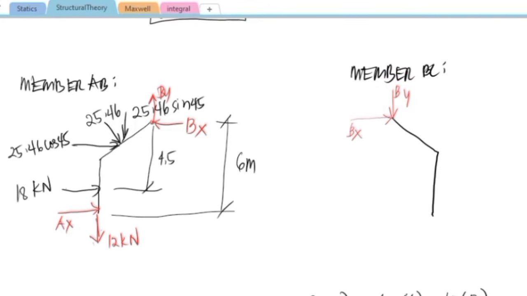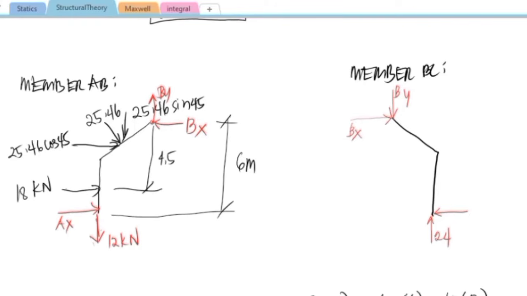And for the reaction at support C, so since we already have computed for the value of the CY, that is 24 kilonewton directed upward, and CX is assumed directed to the left.